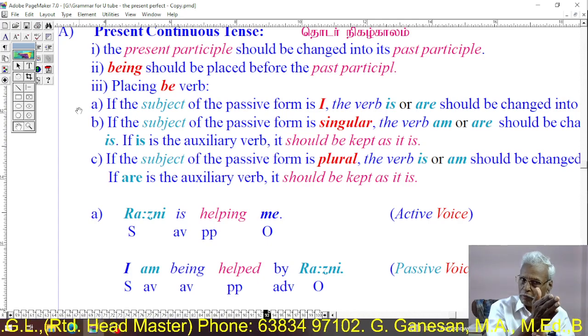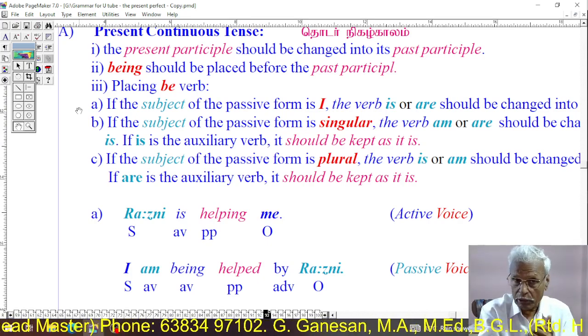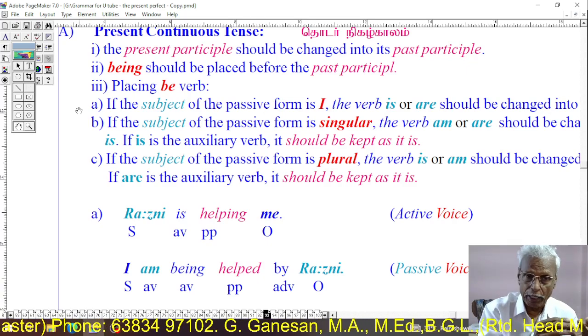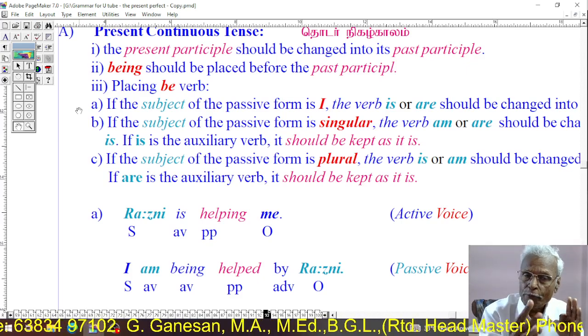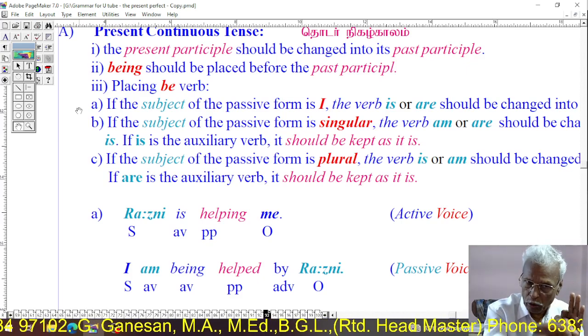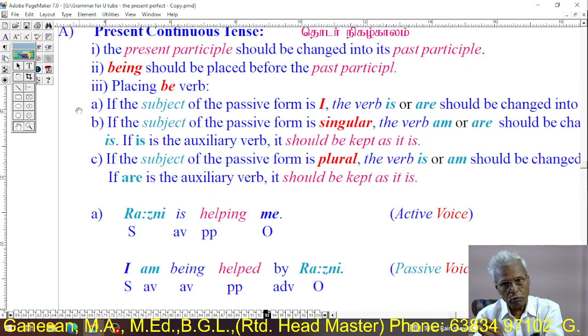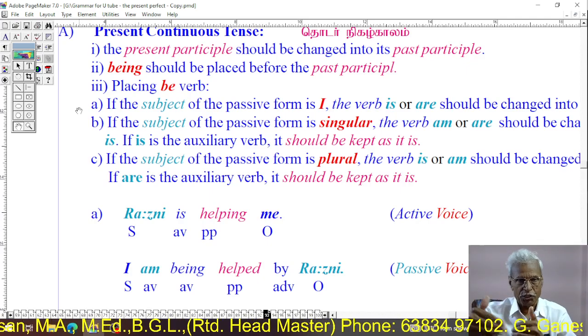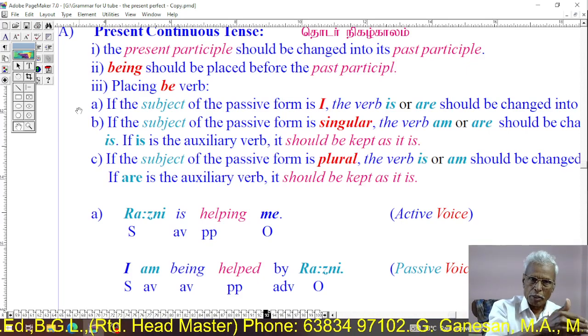Already there will be a be verb. It may be either am, is, are. Of the three be verbs, any one will be there with the present participle, that we already changed into past participle and placed being.